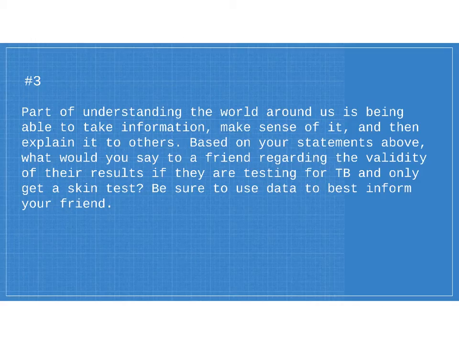So part of understanding the world around us is being able to take information, make sense of it, and then explain it to others. Based on your statements above, what would you say to a friend regarding the validity of their results if they are testing for TB and only get a skin test? Be sure to use data to best inform your friend. So here's what you want to do. Your friend's getting tested. Would you tell them to trust the results or not based on the data we just saw?